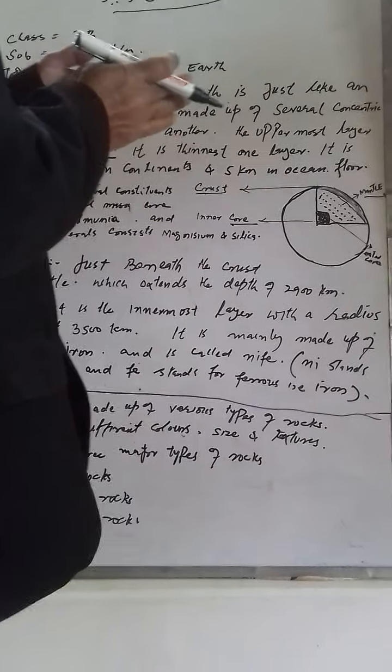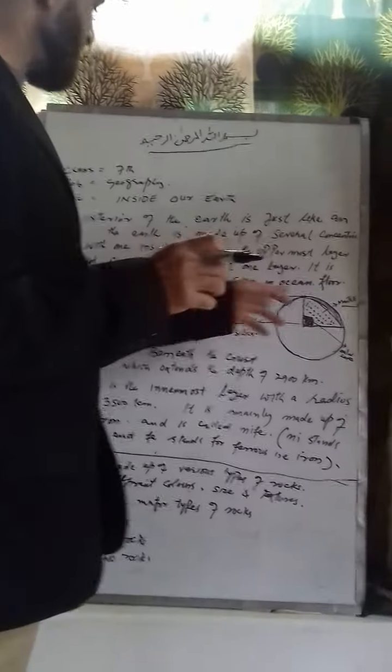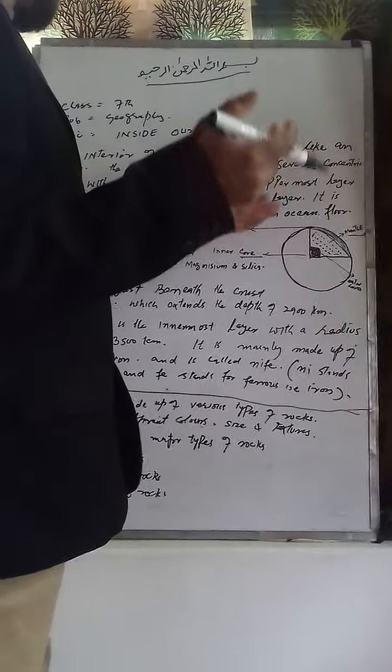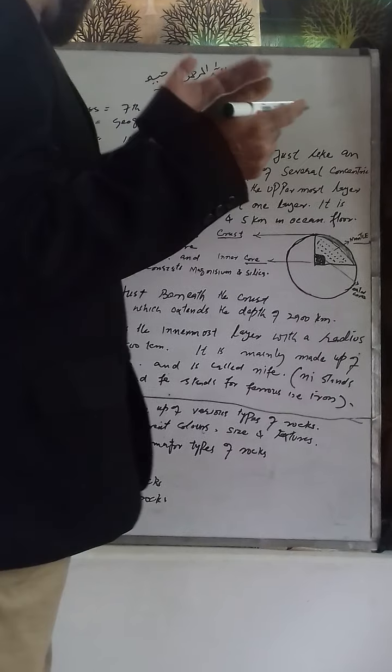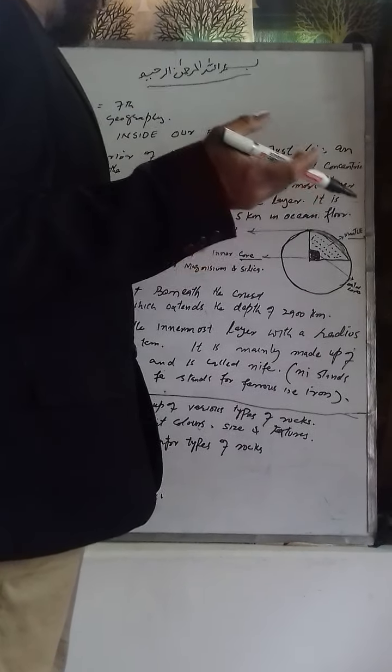And what is hidden in this crust? You will learn it in another chapter, but in brief I can say the main mineral constituents of its continental mass are silica and aluminum, and the oceanic part consists of magnesium and silica.